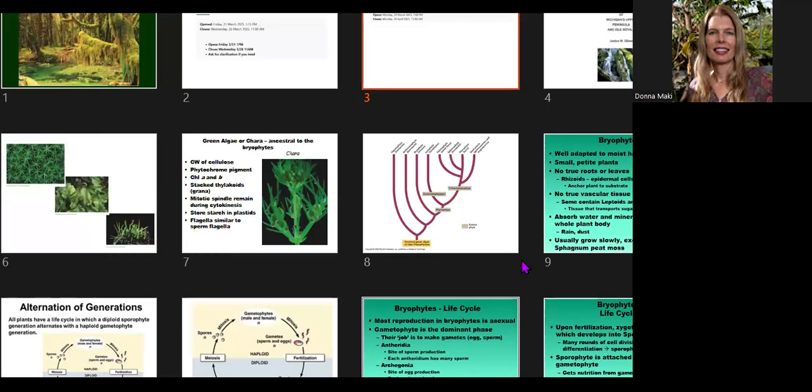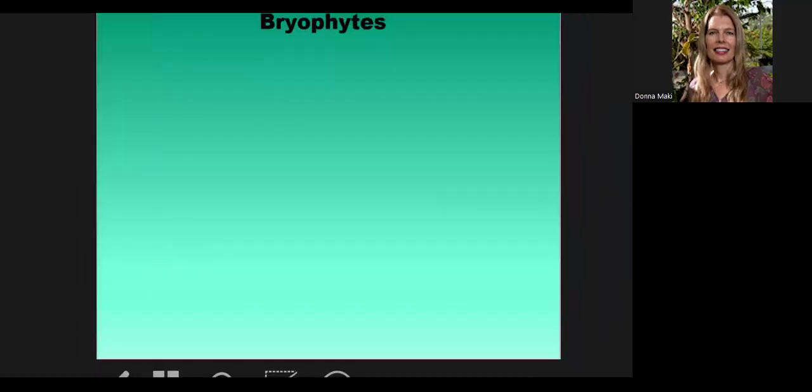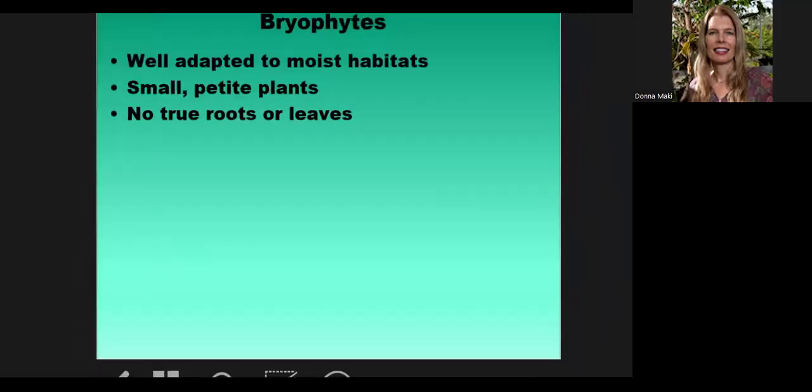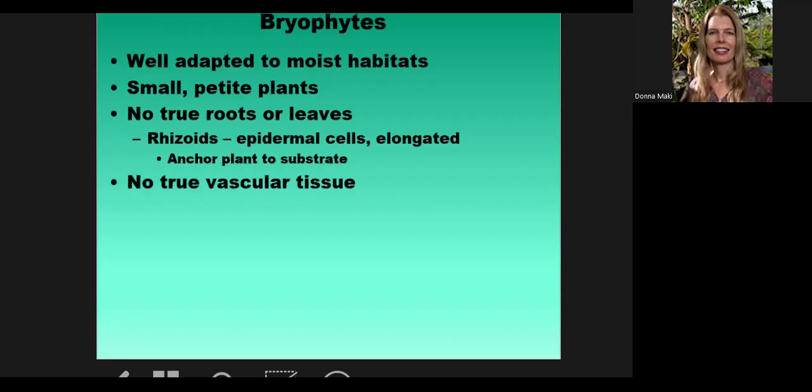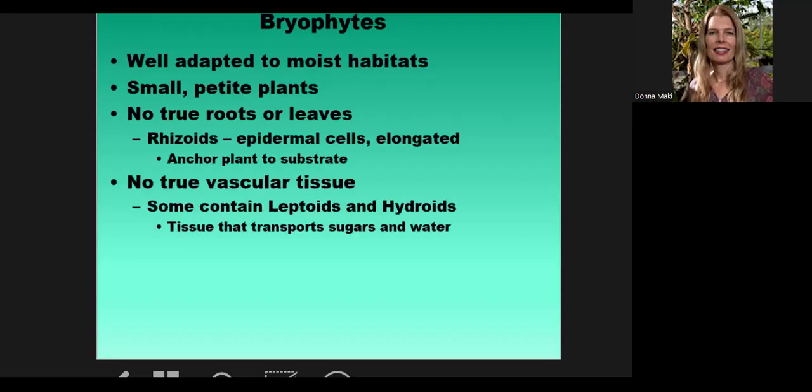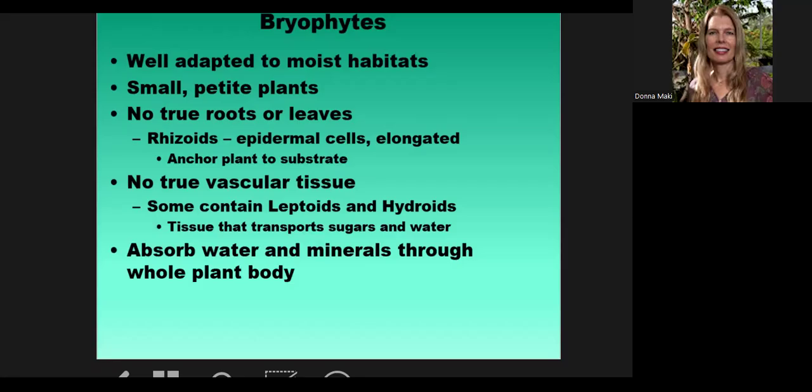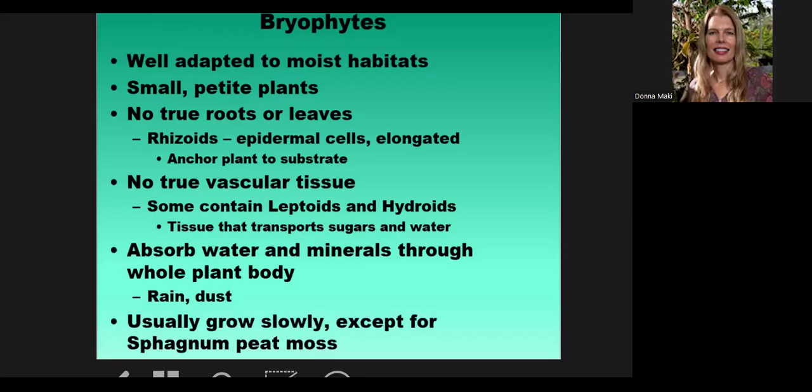All right, bryophytes. We've been looking at bryophytes. We said they grow really slowly. No true roots or leaves, no true vascular tissue. They just absorb water and minerals through their body. They're petite, and a lot of their petiteness has to do with having no vascular tissue.